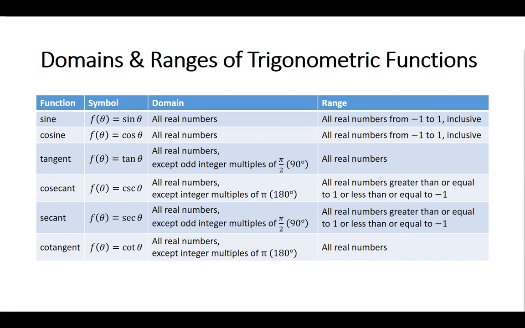Secant, similar to cosecant, all real numbers except odd integer multiples of pi/2. Again, that divide by 0, but the range is all real numbers greater than or equal to 1 or less than or equal to -1. And then cotangent, domain is all real numbers except integer multiples of pi, and the range is all real numbers.